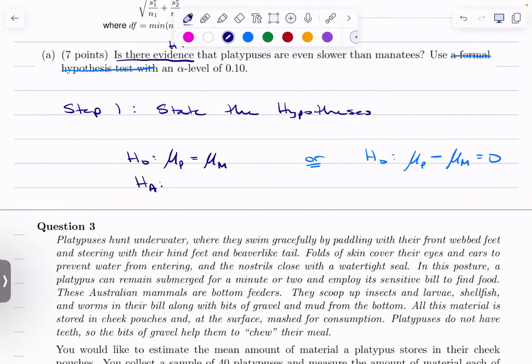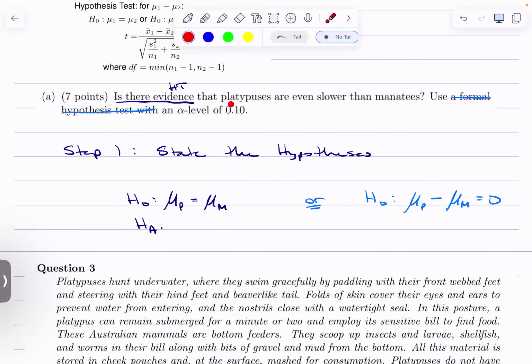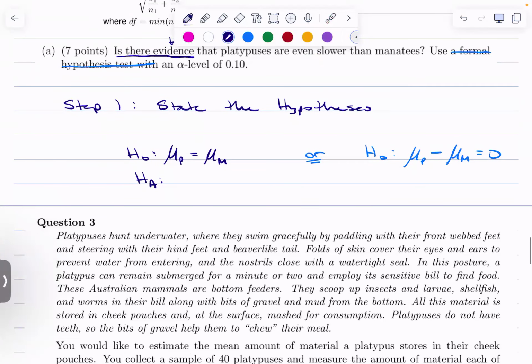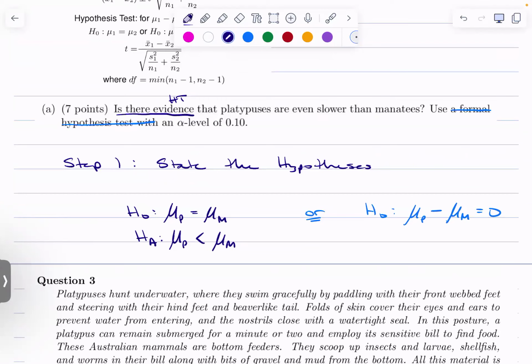Your alternative hypothesis should reflect what we want to test. And so our platypuses, even slower than manatees, would be mu p is less than mu m. Right? They're slower. Slightly harder if you use this version, right?